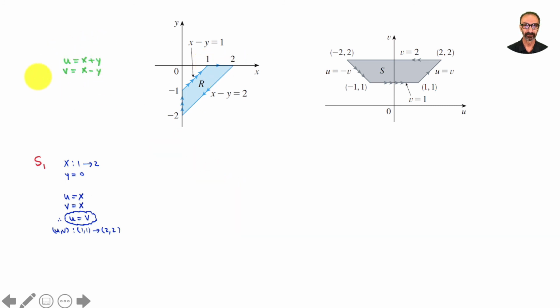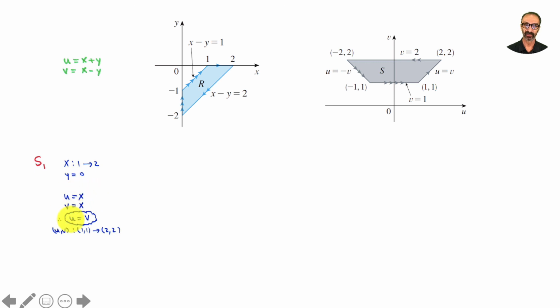Keep this in mind and just keep it for all the 4 sides. Well, u is x plus y and y is 0. Plug in 0 here, plug in 0 here, so u is x and v is x, as you can see right there.